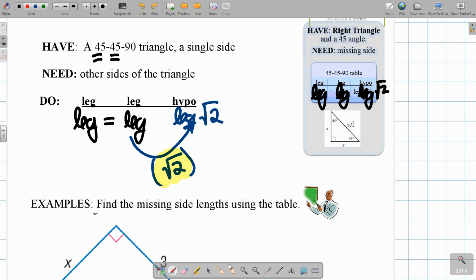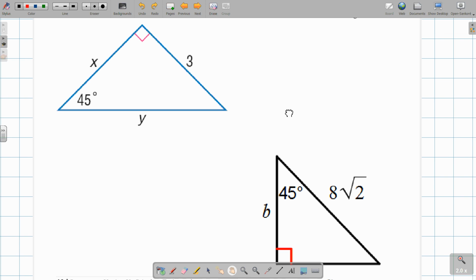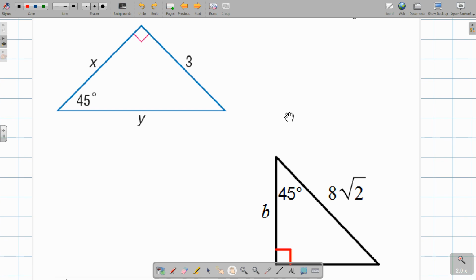Let me show you how this pattern works. It makes it super easy when you know this pattern, because now you only need one side. But this pattern only works when you have a 45, 45, 90. Do not use this with any other triangles. We have a 45 here and 90 here, which implies there has to be a 45.